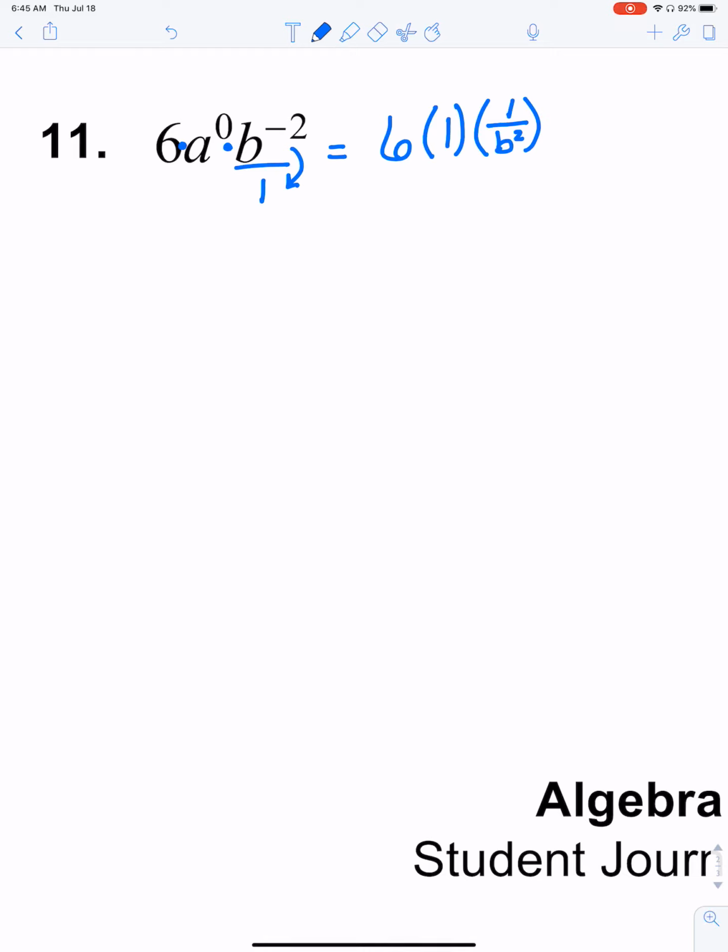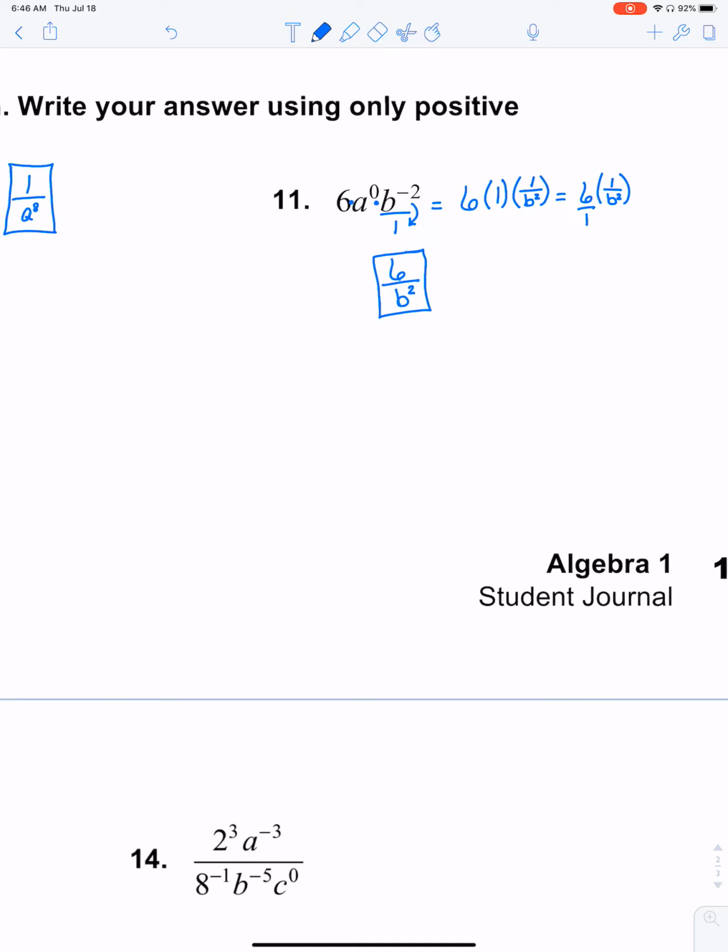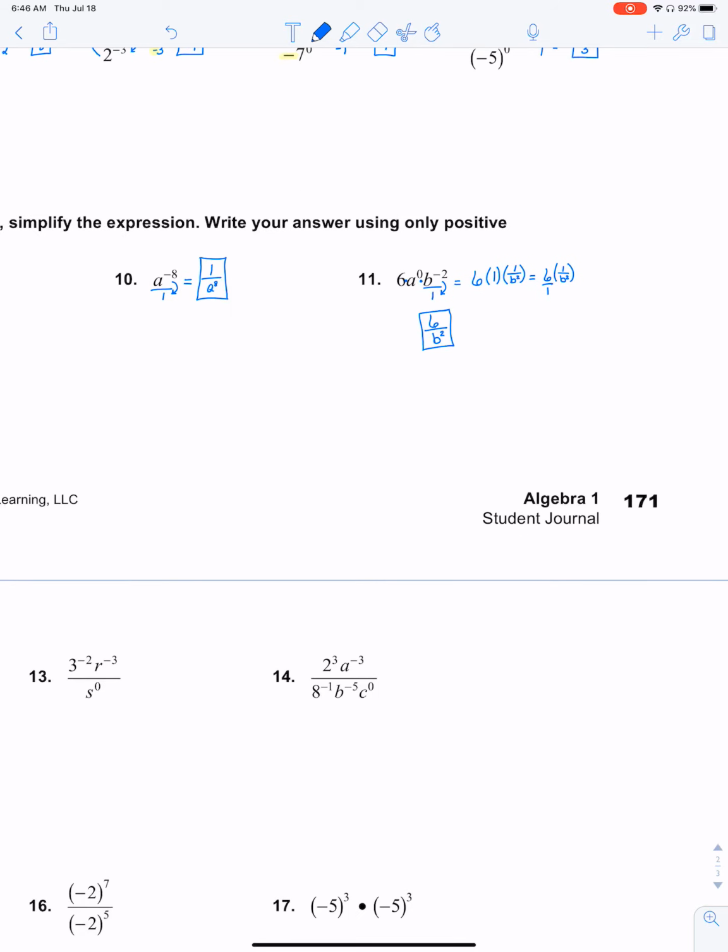So 6 times 1 is 6, times 1 over b squared. Then we can multiply 6 times 1 is 6, and 1 times b squared is b squared. And that is going to create our simplified expression that's a lot easier to look at than the original, with a lot less unnecessary information.